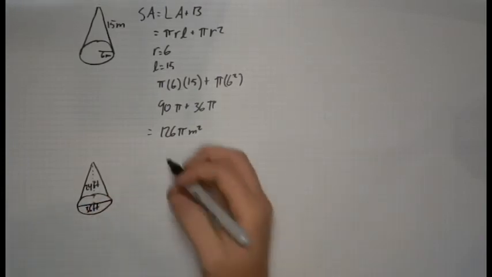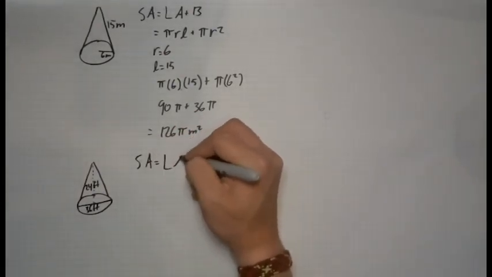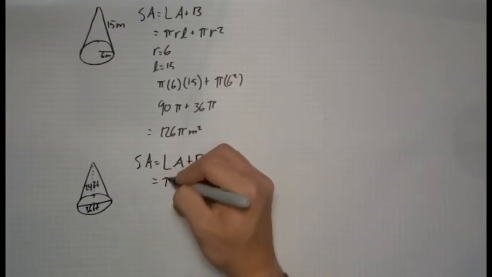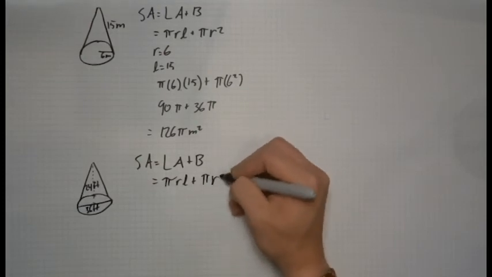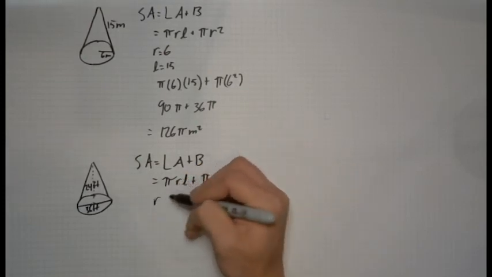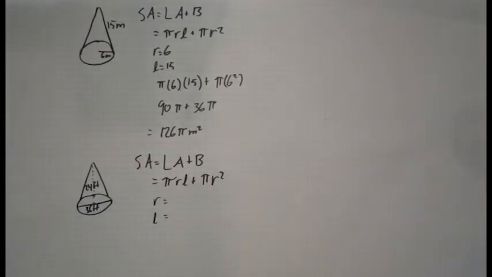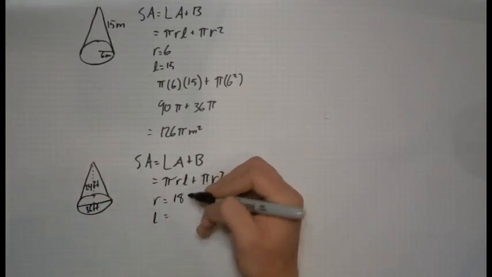All right, so again, the surface area is the lateral area plus the base. And our lateral area for a cone is pi r L plus the base pi r squared. And we need the radius and the slant length. And they gave us the diameter, and we know that the radius of a circle is half this diameter. So 36 divided by 2 is 18.